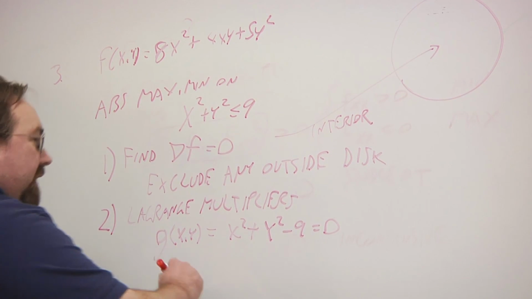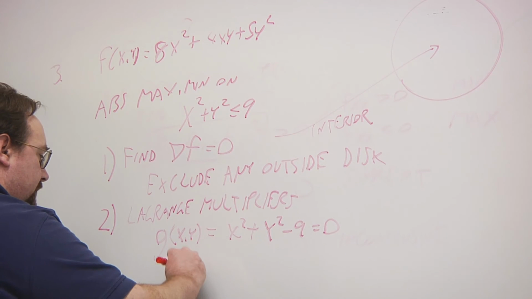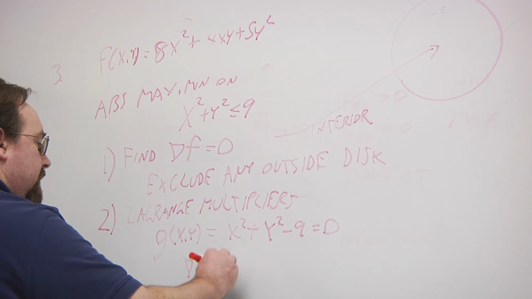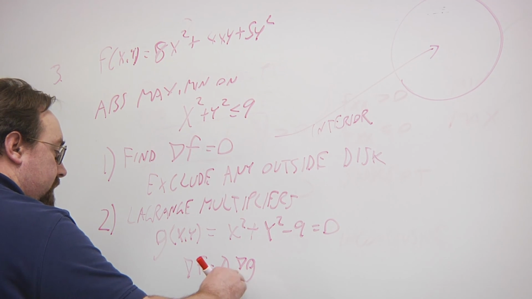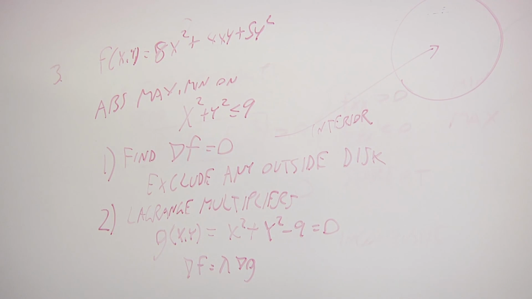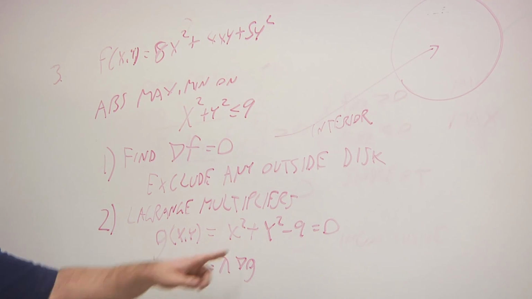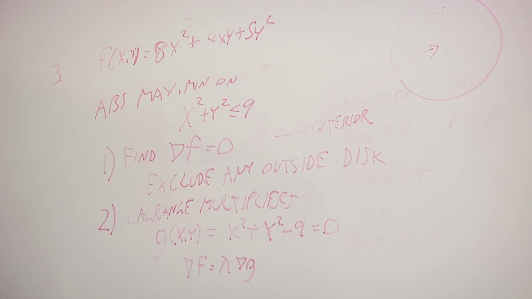A little simpler in that case, because you only have one Lagrange multiplier, so you're going to have 3 equations. You're going to have 2 equations coming from the gradient, and then the constraint. So you find x, y, and lambda that satisfy these 3 equations.